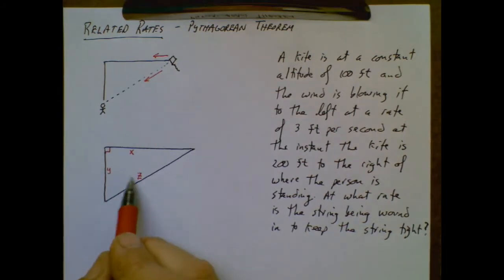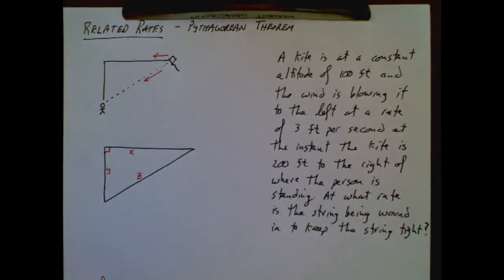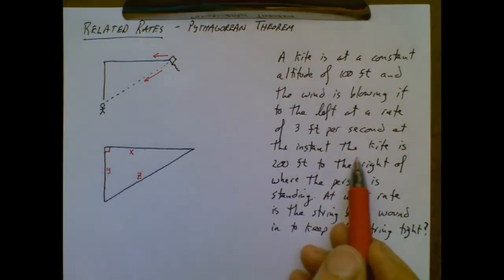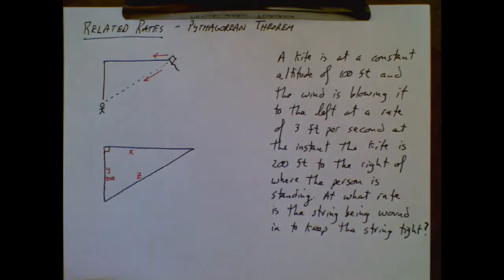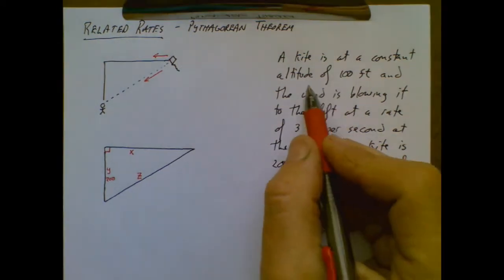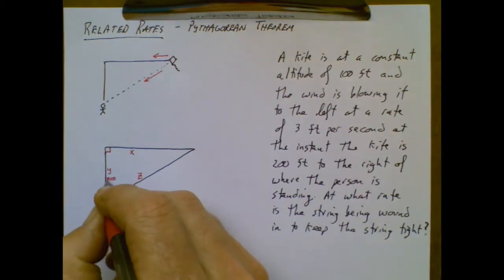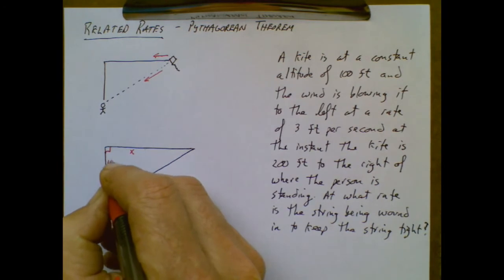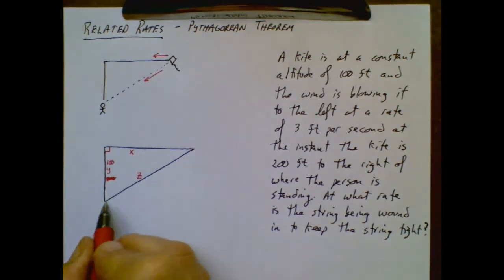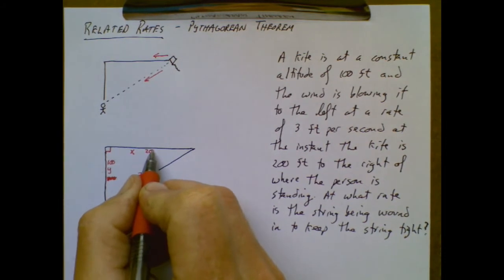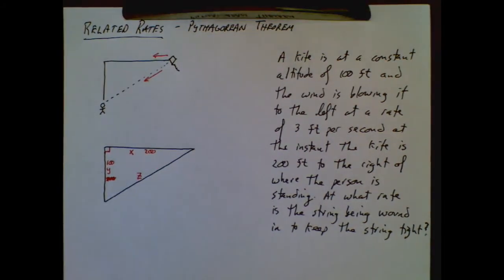Now, all of these sides also have number values. So some of them are easy and straightforward, like it tells us the kite is at 200 feet. So I'll put a 200 there for y. And, oh no, it doesn't. It tells us it's at an altitude of 100 feet. Scribble that out. But the kite is 200 feet from where this person is standing. So that's where the 200 goes.